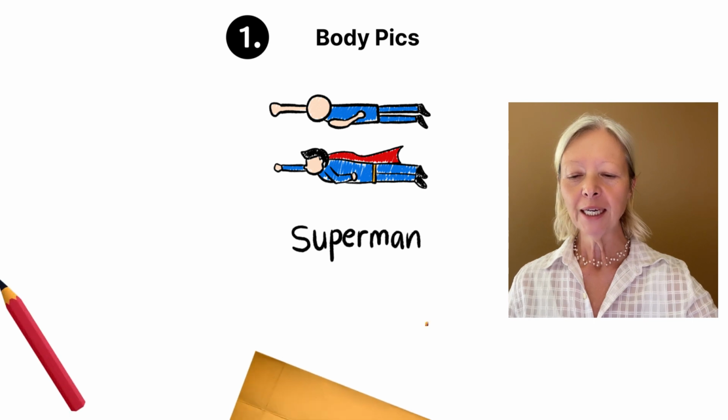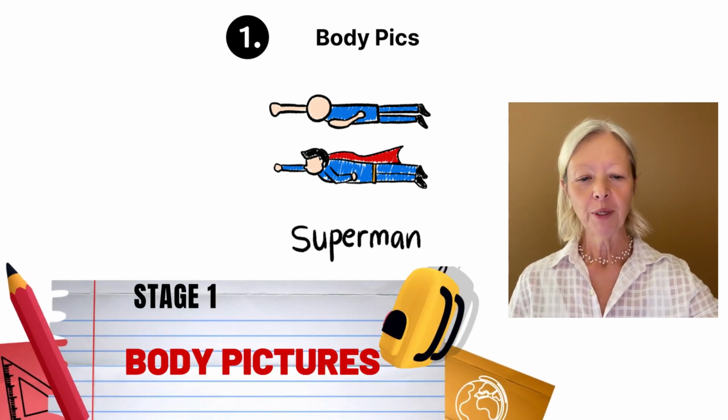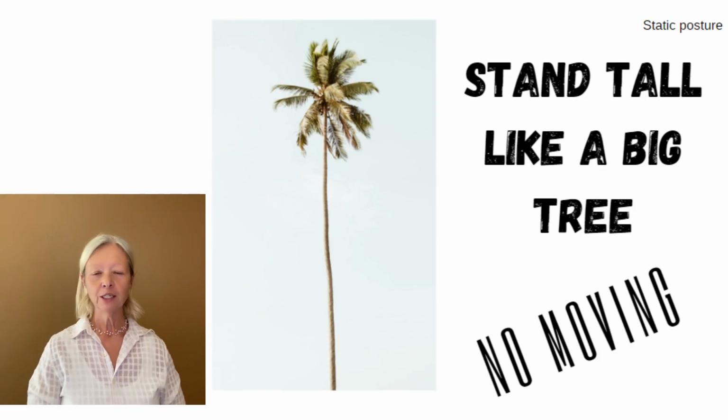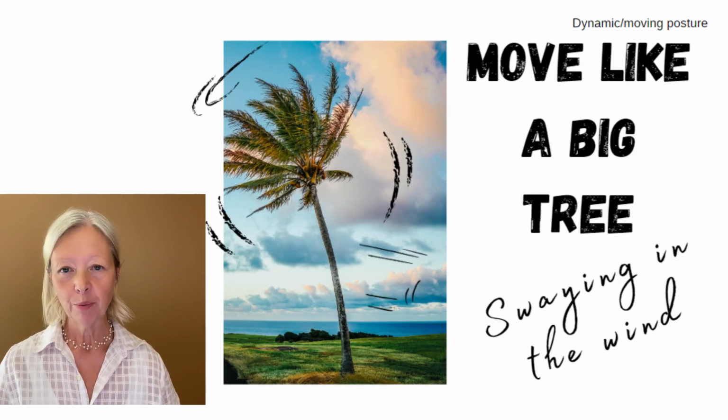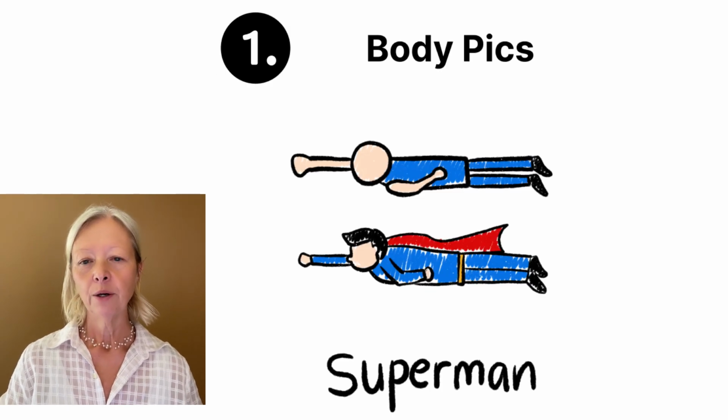The first stage is body pictures. Body pictures could be static body pictures or dynamic moving body pictures. The reason I start with this stage is because we're talking about handwriting, and typically we think about pens and pencils and crayons and markers when we're talking about writing in the early stages.